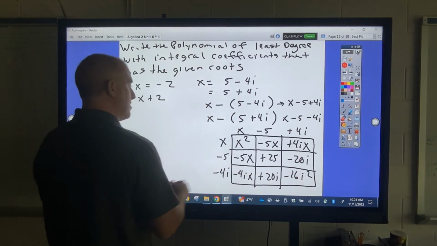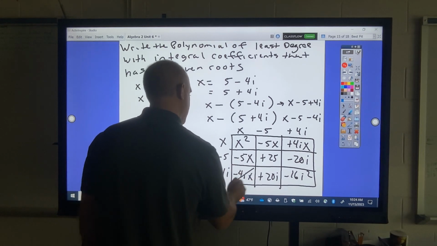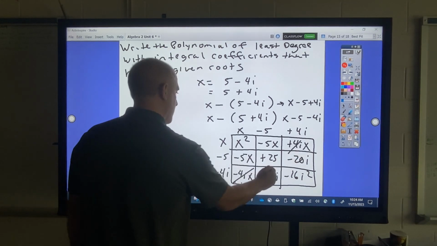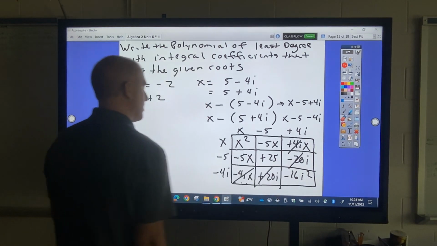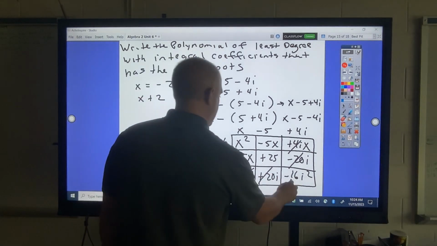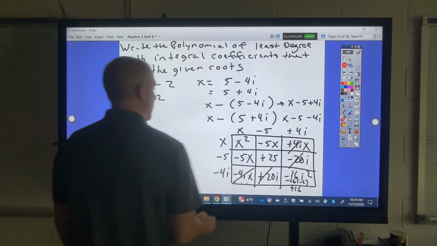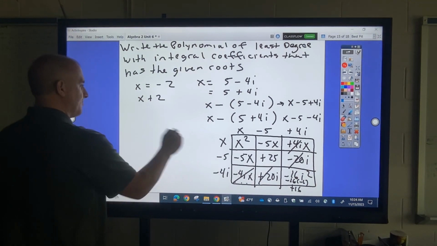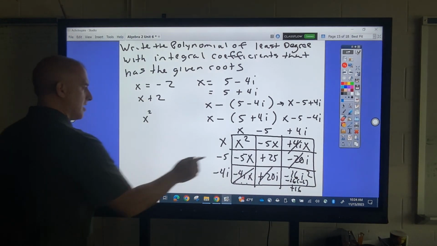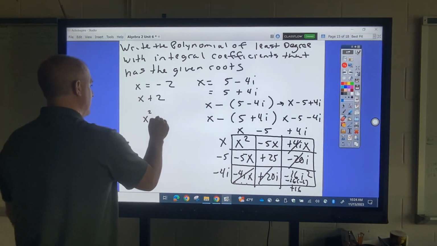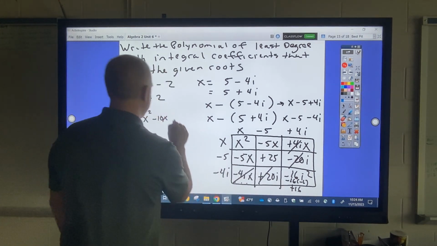Now, a bunch of stuff cancels out. This goes away, this goes away, this goes away, this goes away. And that's going to be negative 16 and negative 1, which is positive 16. So what I have here is x squared. These would combine to minus 10x. These would combine to 41.